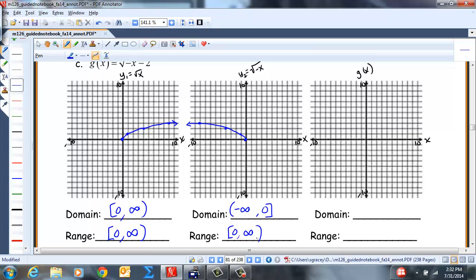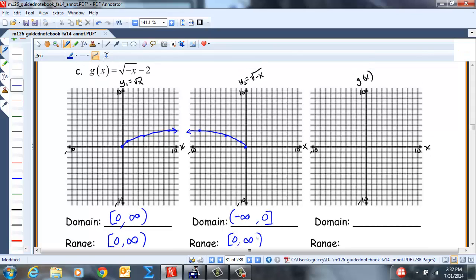Okay, so now we're going to work from the middle graph, and from each y value we're going to subtract 2. So there's a vertical shift where we're lowering the graph. So instead of an ordered pair at 0, 0, it'll be at 0, negative 2. And then instead of at negative 1, 1, it'll be at negative 1, negative 1.